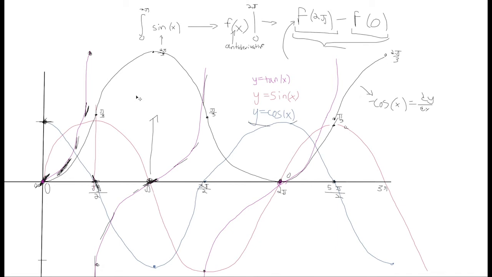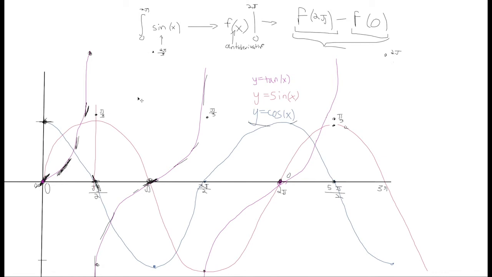Now let's get rid of this graph and the points on it. Now let's look at the cosine function and see what it will look like.